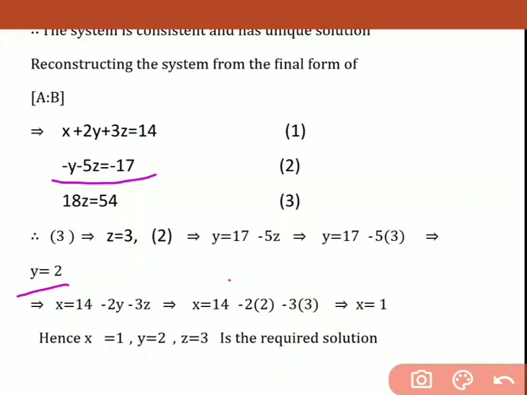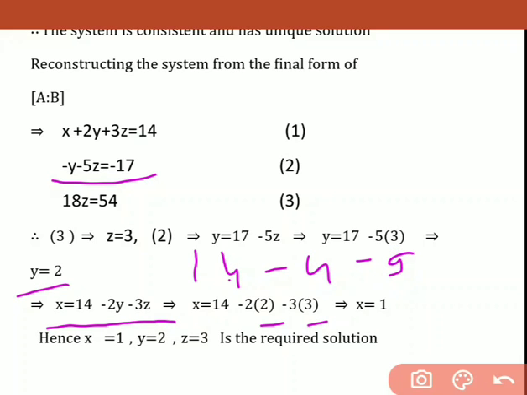Similarly you have to substitute all these values in equation 1. So equation 1 implies x is equal to 14 minus 2y minus 3z, and you have to substitute the values of y and z in this equation. So x is equal to 14 minus 2 into 2, and minus 3 into 3. After simplification this is 14 minus 4 minus 9.